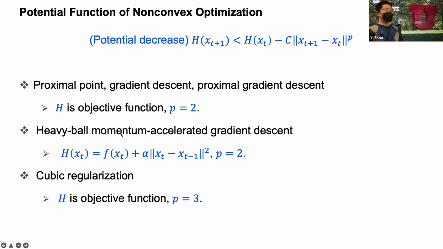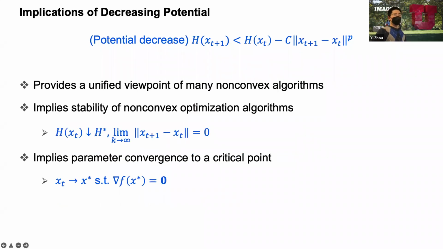And for some momentum accelerated gradient method, the potential function looks a little bit different. But the key message is that for the classic minimization algorithms, we always find this potential decrease property first, and then leverage it to prove the convergence result. With this potential decrease property, all the convergence results can be naturally derived. For example, we can show that these algorithms are asymptotically stable, and eventually they will converge to some stationary or critical points.